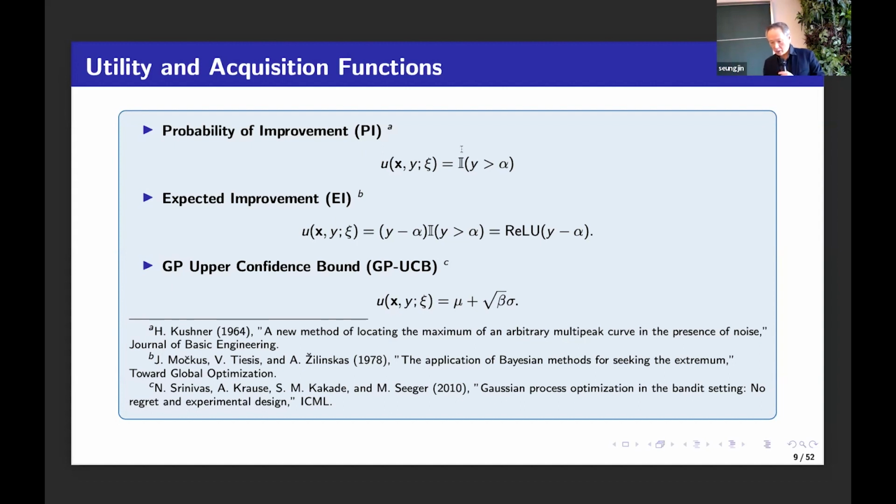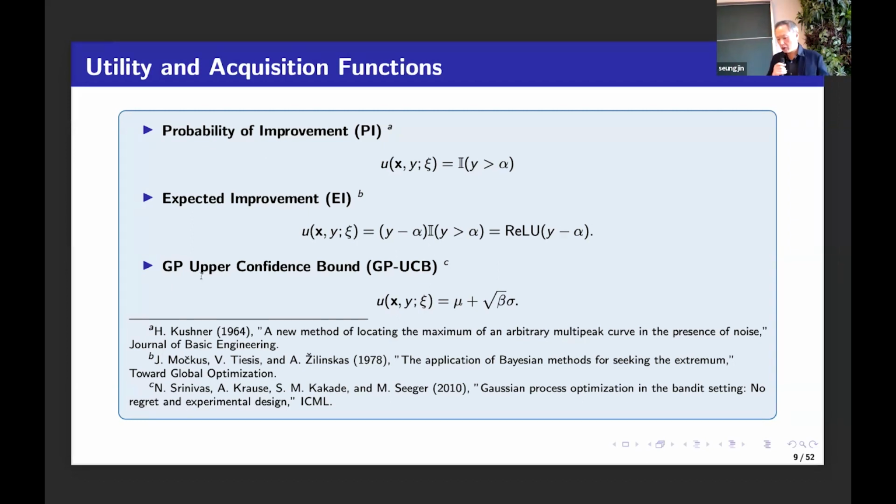So this is an indicator function: if the argument is true, the value is 1, and otherwise 0. And the most popular acquisition function, expected improvement, uses this indicator times the gap between our function value and the threshold alpha.